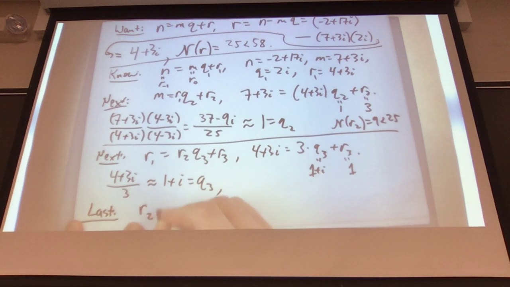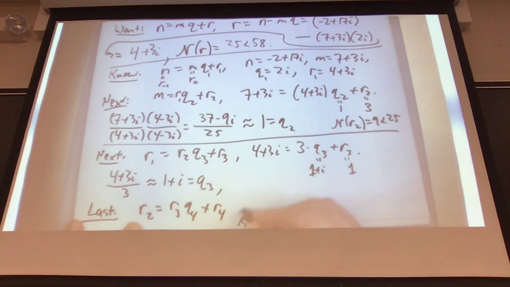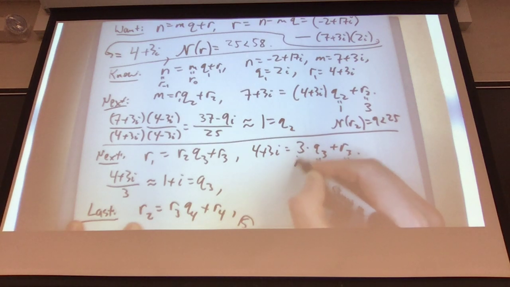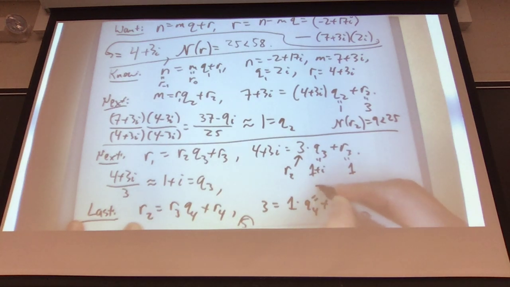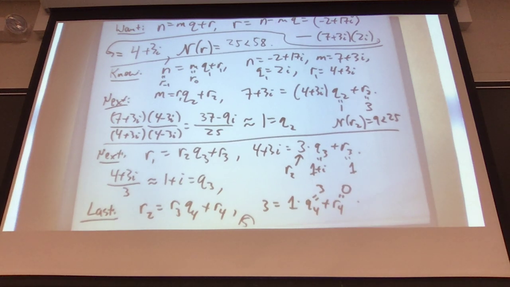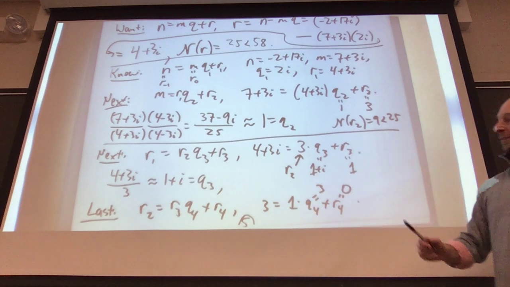So R2 is equal to R3 times Q4 plus R4. Where's R2? 3 is R2. So 3 is equal to 1 times Q4 plus R4. Q4 is equal to 3, R4 is equal to 0.